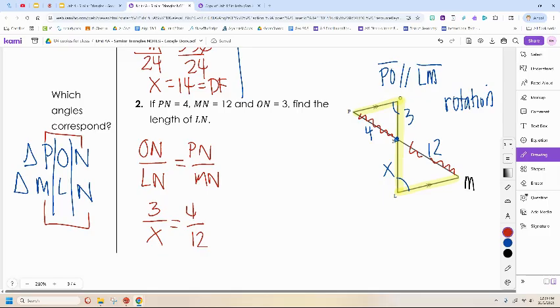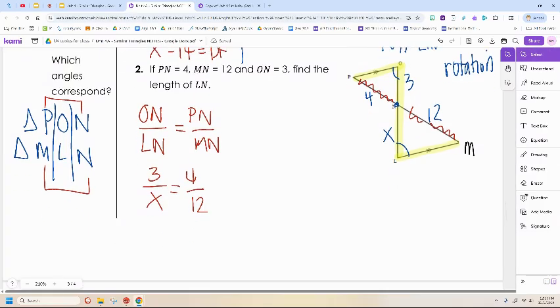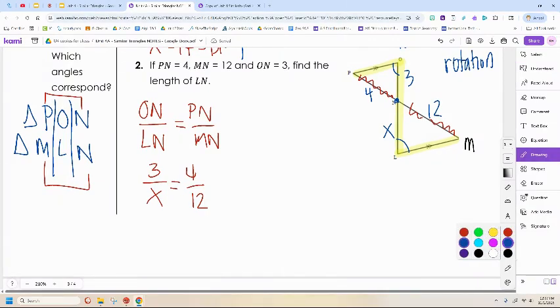Okay, so that's where you have to be careful about your correspondence. Okay, so this one's a pretty easy one to solve, right? We have 4 times X, which is simply just 4X. And what's 3 times 12? Yep, 36. And we divide by 4, divide by 4. X equals 9.